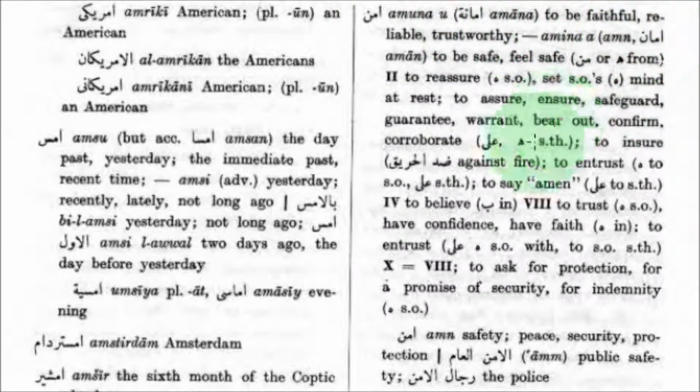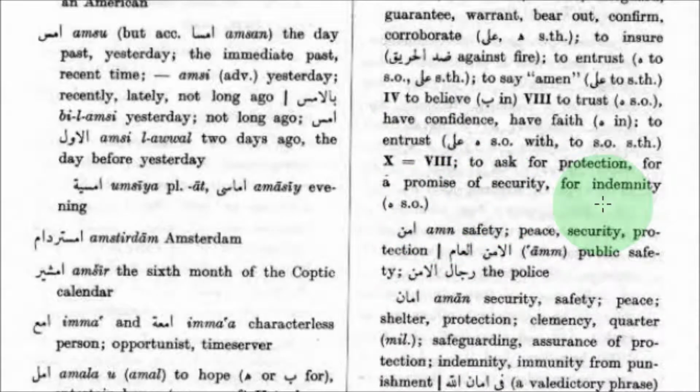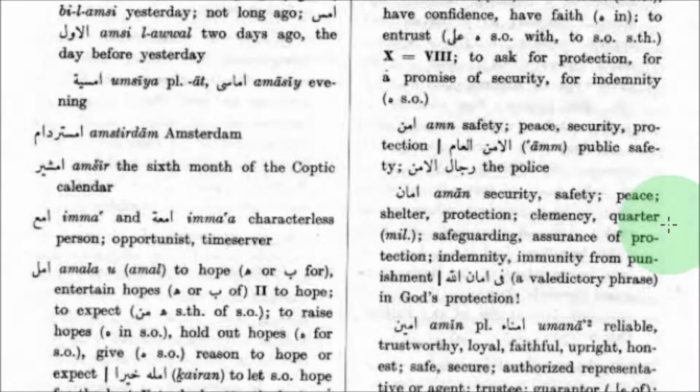It's got the prepositions used, or if it doesn't require a preposition, just has the object there. All the different forms and measures, words that are used with that word. So amin al-am is public safety, common usage. It's really useful.